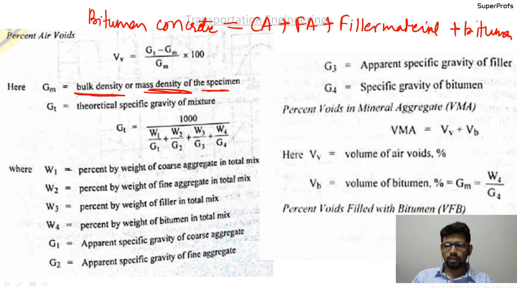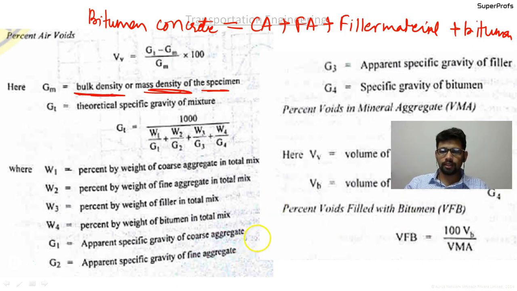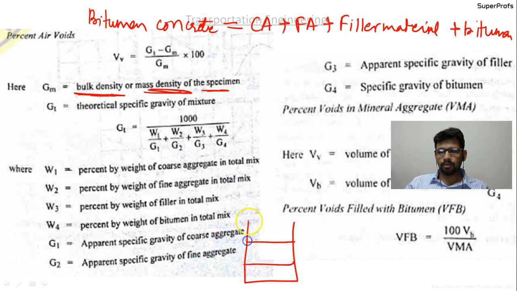If I draw a phase diagram of bitumen concrete, it will be of this kind. Here there will be solids, then bitumen, and air. All of them are in percentage.